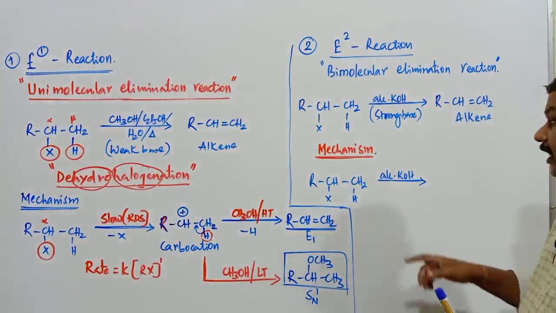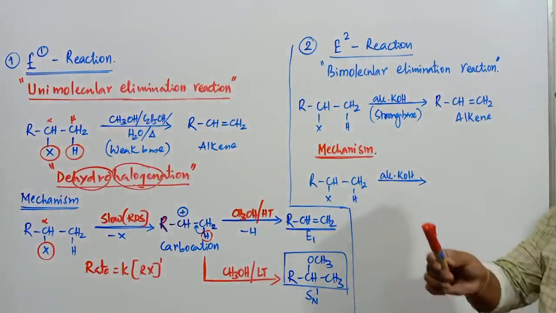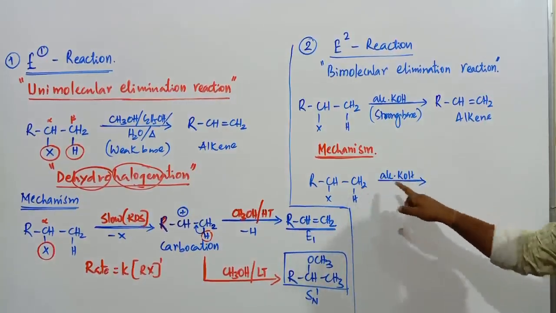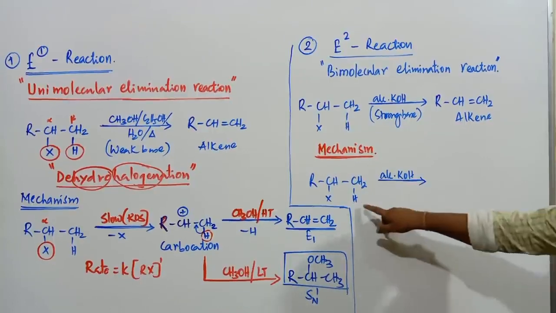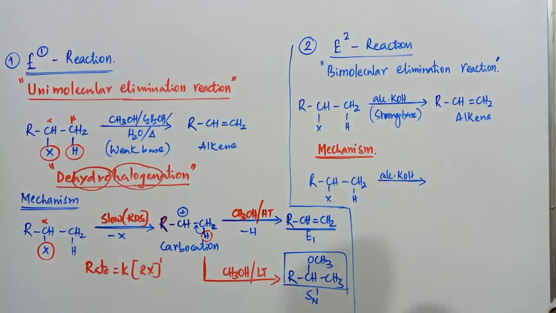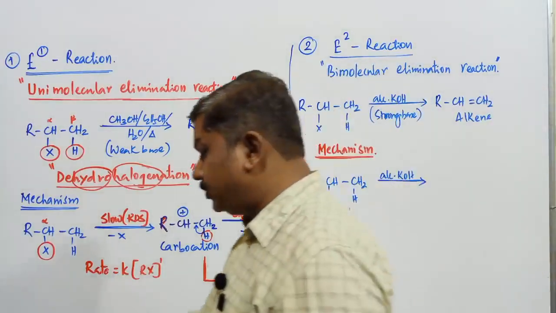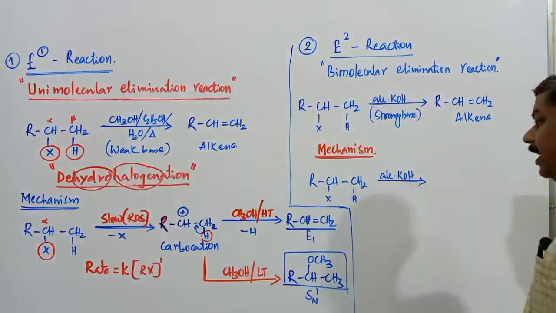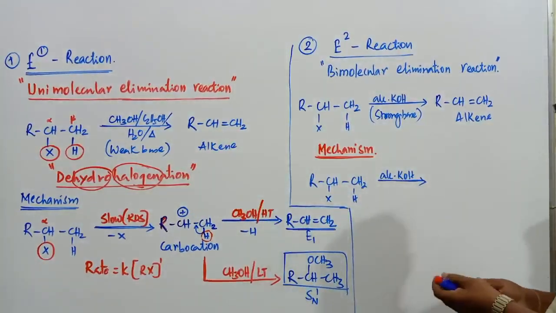But here, elimination of hydrogen and the corresponding halogen takes place in the same step. When this happens, there is a formation of an intermediate that is commonly referred to as the transition state.